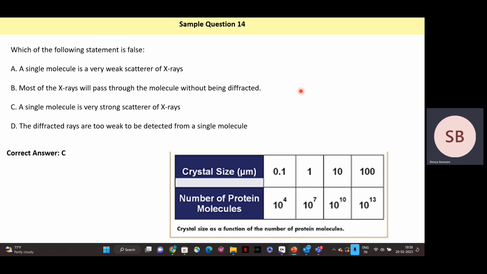And that is why the diffraction pattern from a single molecule has very low intensity. And so A, B, and D are all correct. So the only incorrect option is C.